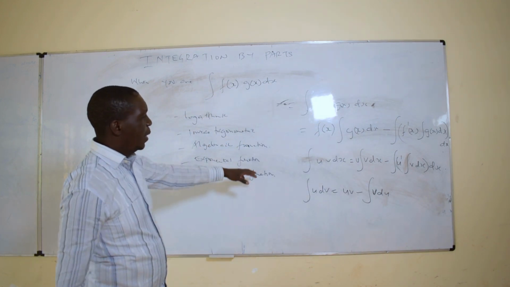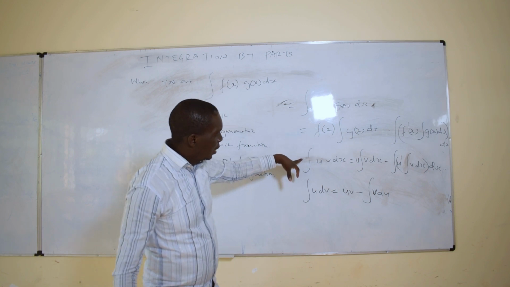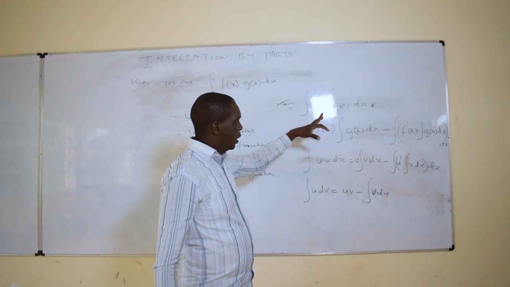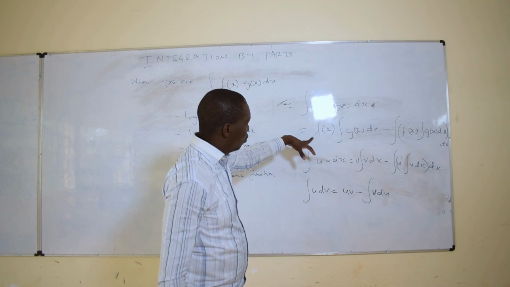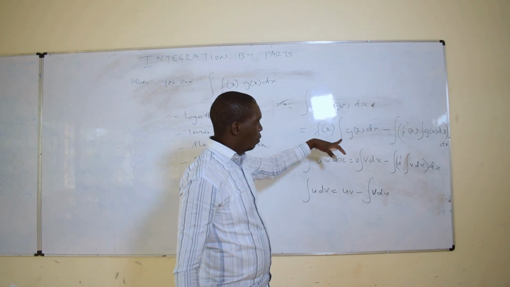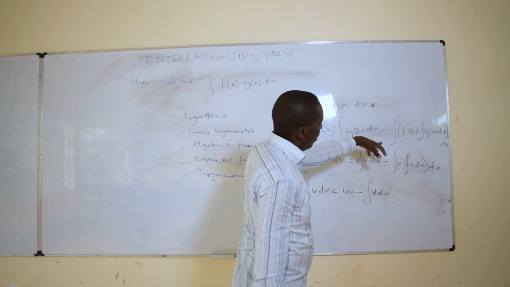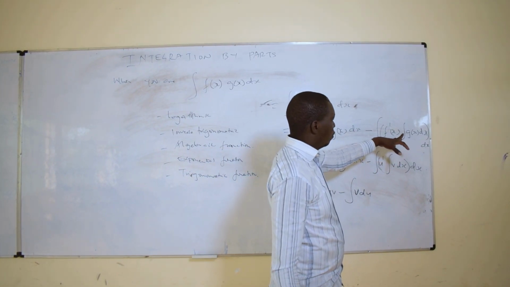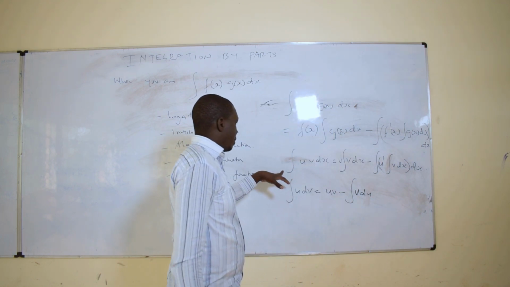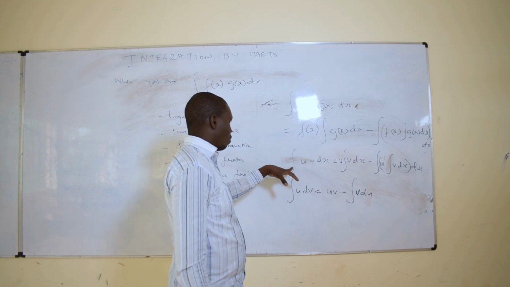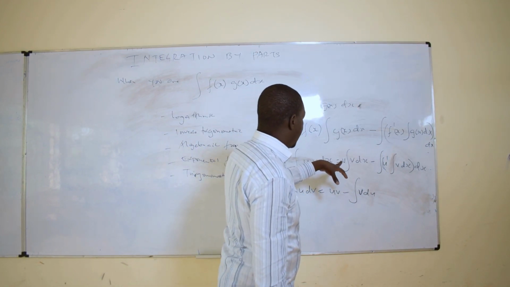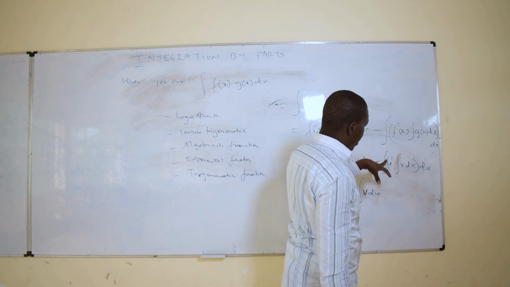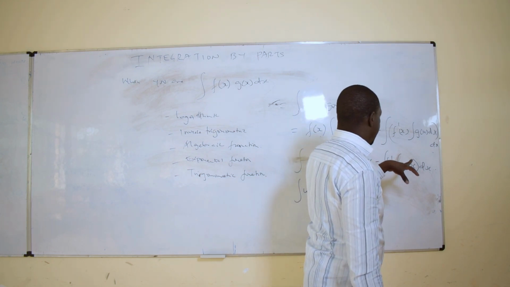So integration by parts is given by two formulas. The first formula is the integral of f of x times g of x dx equal to f of x times the integral of g of x dx minus the integral of the derivative of f of x times the integral of g of x dx, which is the same as the integral of uv dx equal to u times the integral of v dx minus the integral of u prime times the integral of v dx.